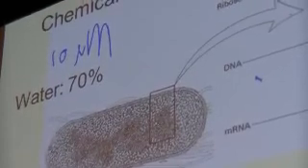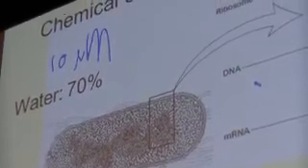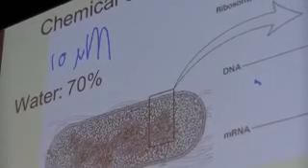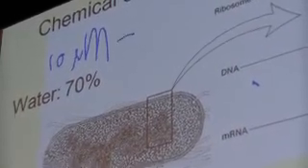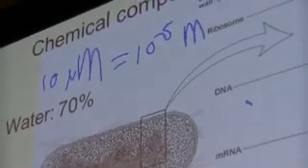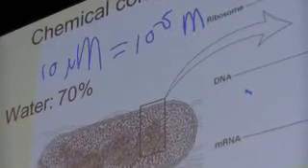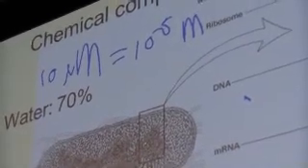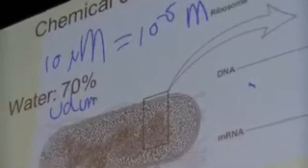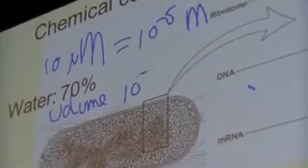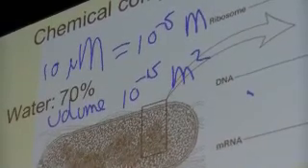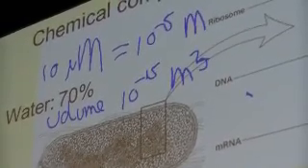A bacterial cell is smaller. If we roughly estimate the volume, saying that the cell is a cube, then the side is 10 to the negative 5 meter. Taking that to the third, the volume of our average cell is something like 10 to the negative 15 meter cubed.